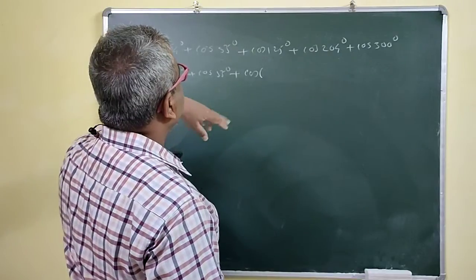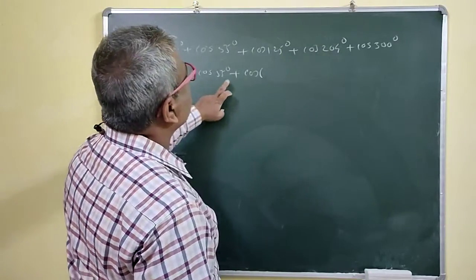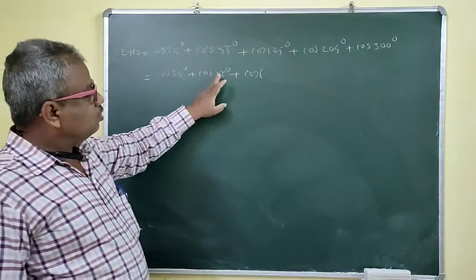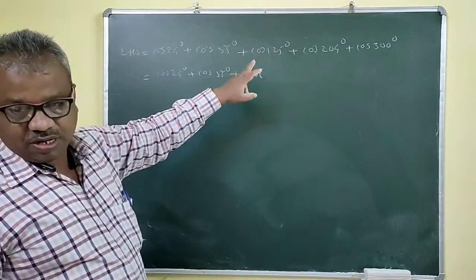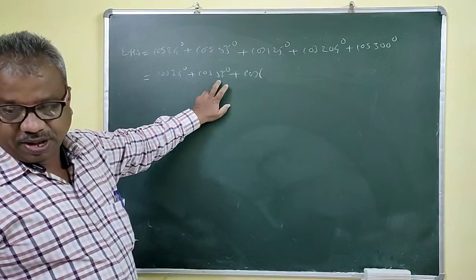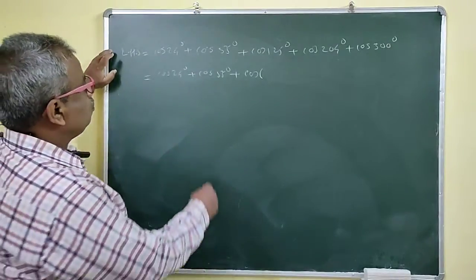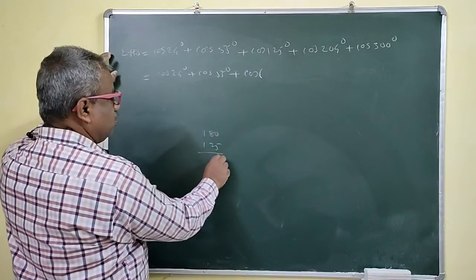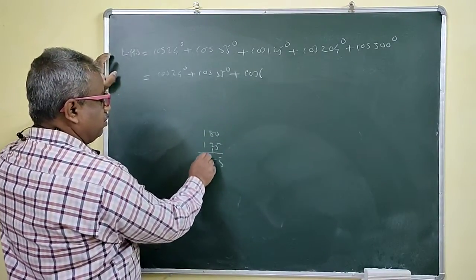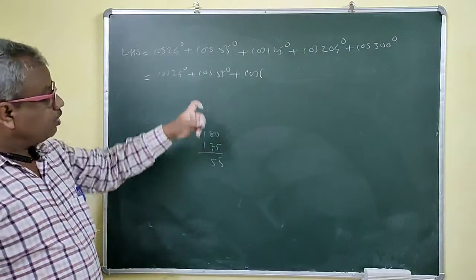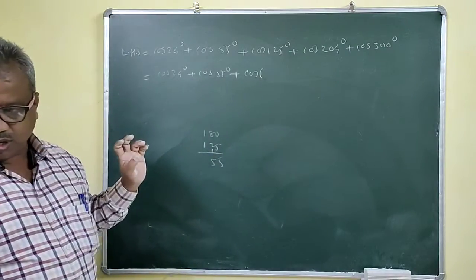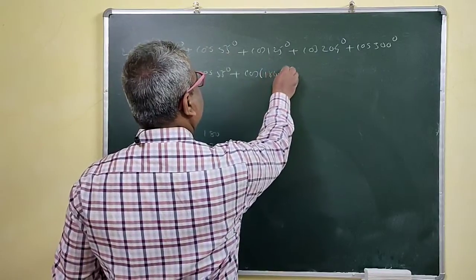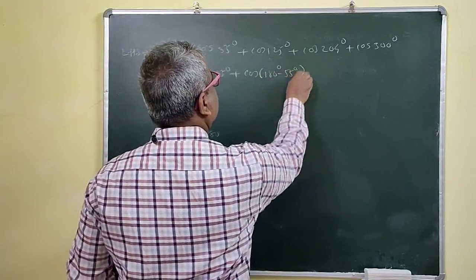So convert this 125 degree in terms of 55 degree. How can we do this? 180 minus 125 is 55, right? So we write this as 180 minus 55.